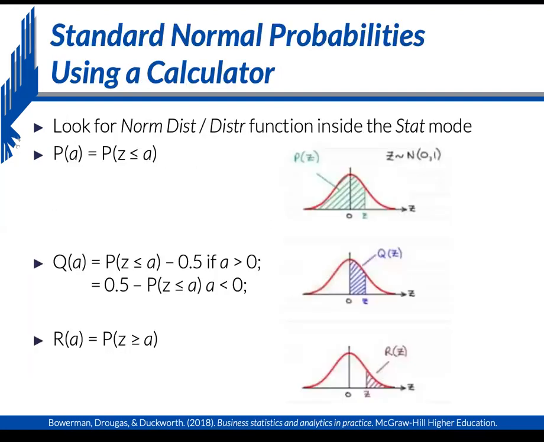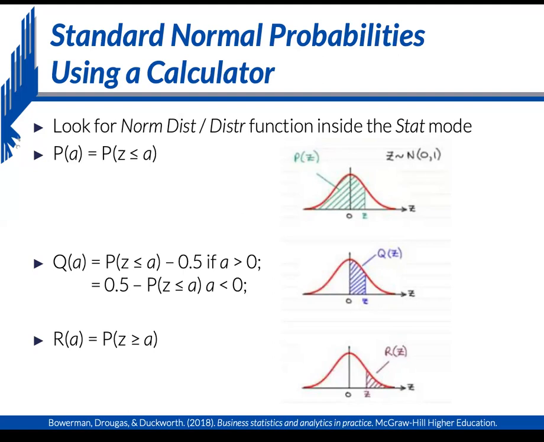Now, most calculators nowadays, especially the newer versions, also allow the computation of certain probabilities. So in most calculators with statistics functions, just look for the normal distribution or the DISTR function inside the stat mode. And when you access those functions, you will be able to choose between different functions inside.